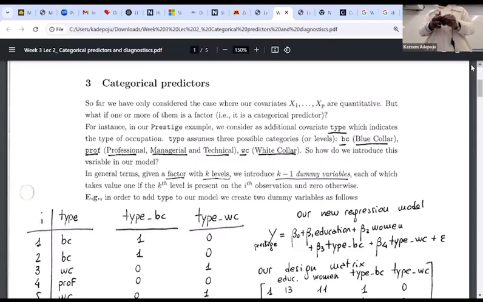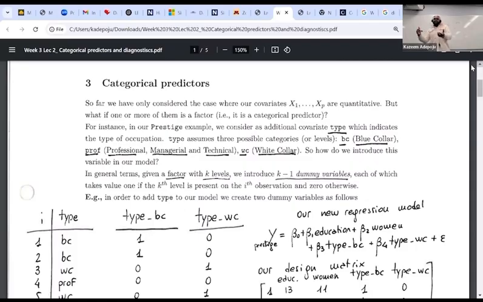Does that make sense? The reason we do that is that if we use all of them, we're going to run into the dummy variable trap, and the dummy variable trap will lead us into a problem of perfect multicollinearity. Because the levels of the categorical variables all add up to one, they will be correlated.